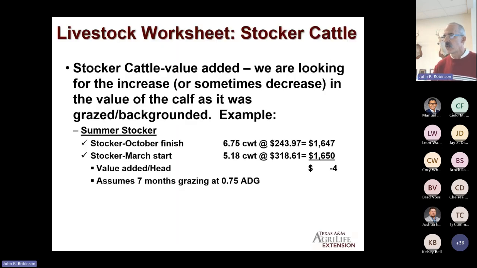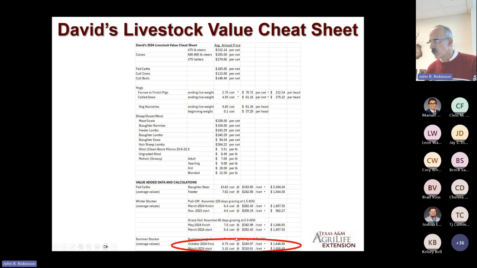Here's the summer stocker example. Again, I'm hovering on these long enough so that somebody can come back to the video and hopefully make sense. But again, we have a starting weight and value, a finishing weight and value, which happens to subtract to a negative number. There are some assumptions there about the grazing and the average daily gain, but those numbers are down here.